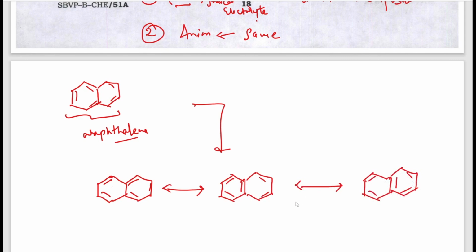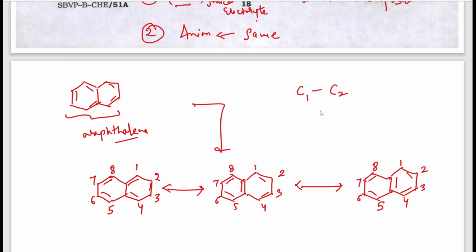These are the three resonating structures of naphthalene. Now we will give numbers to the carbons: fifth, sixth, seven, and eight. Now we have to check the bond order of C1 and C2 carbon, C2 and C3 carbon. As we can see in the three resonating structures, the bond order of carbon 1 and 2 is single in one, double in another, and again double in the third.